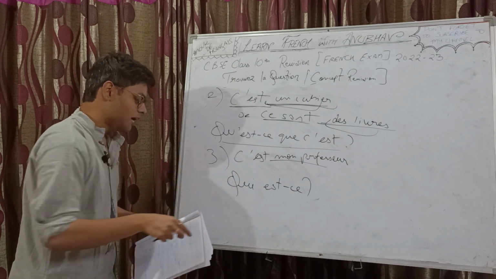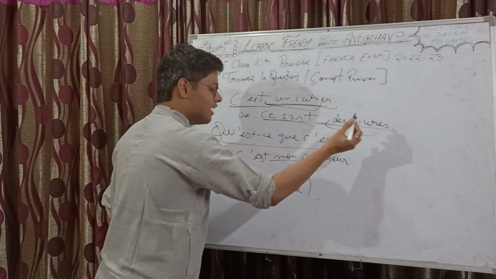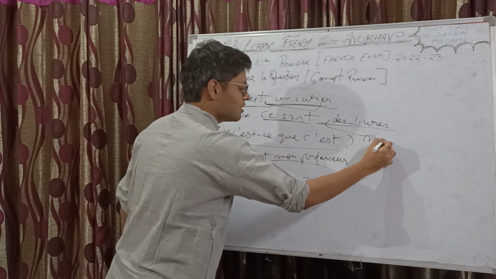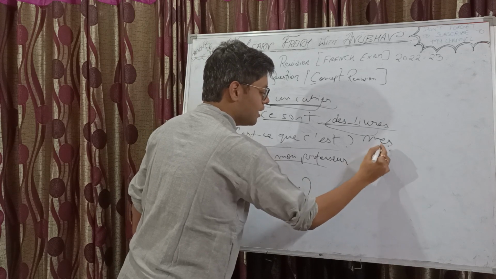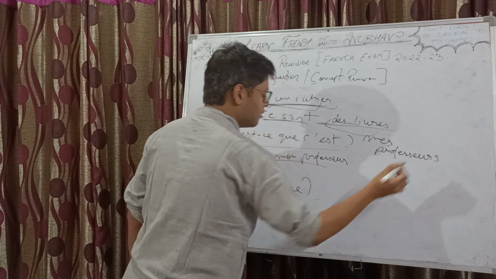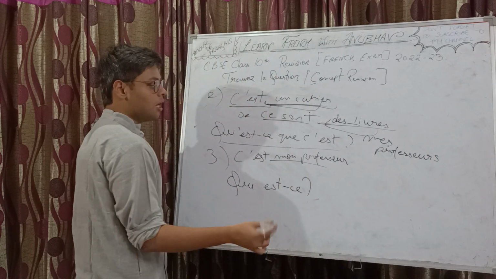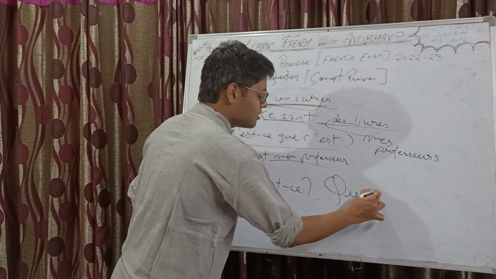Okay. Yeah, this was type 3. I forgot to mention about that. What if, like, ce sont des livres, say ce sont mes professeurs. These are my professors. What are you going to ask then? Who are they? Right. So you can ask who are they like this. Very easy.